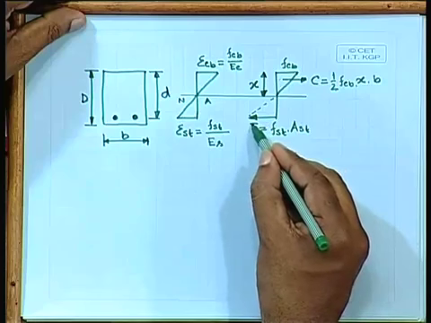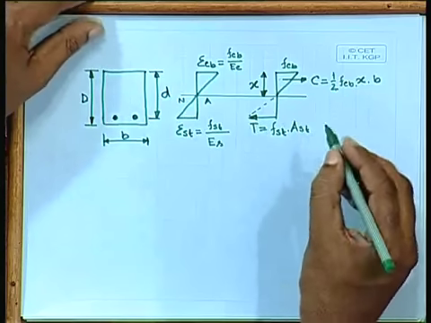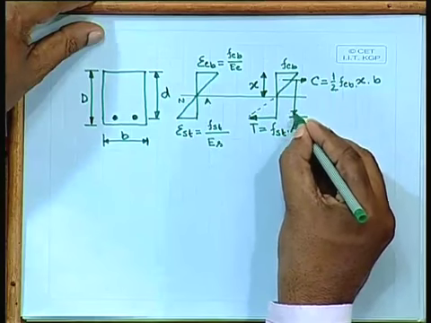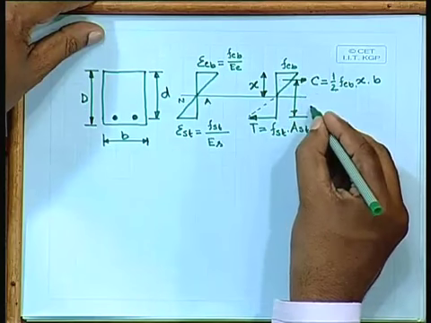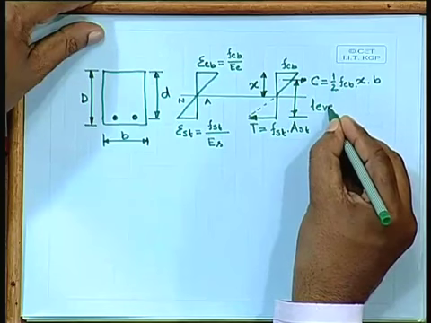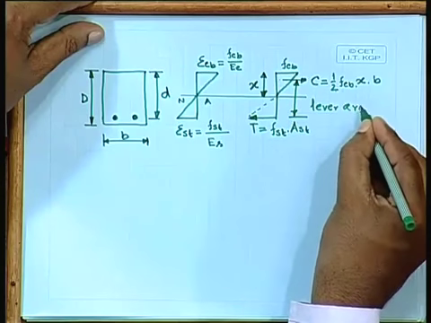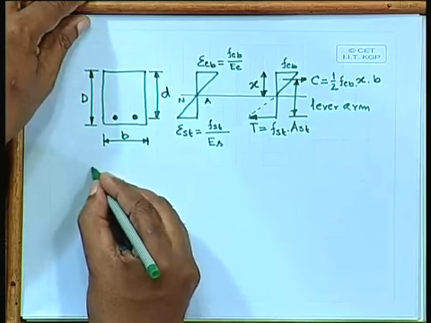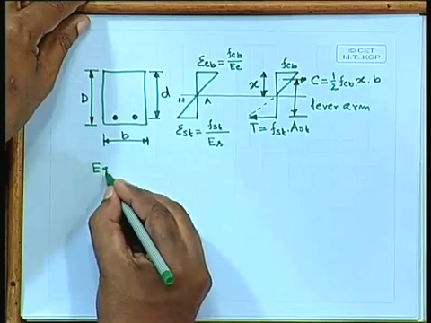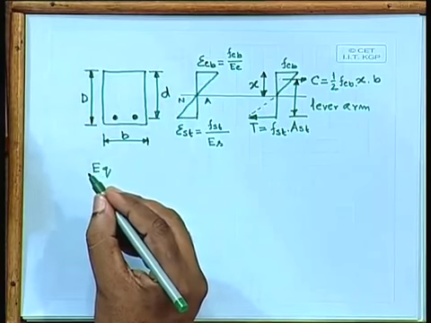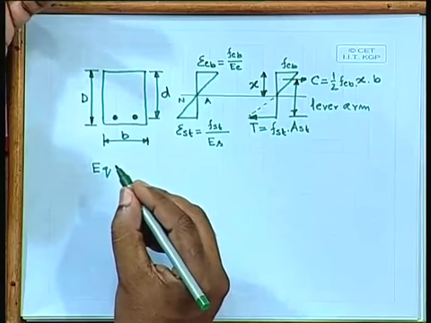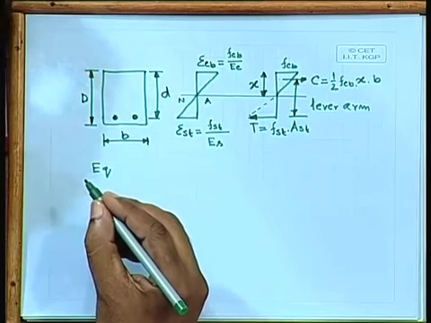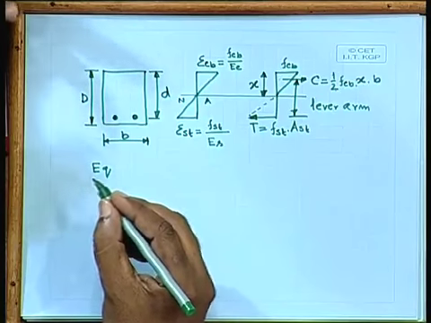and the tensile force, this one here, and this length, that is the lever arm. So, for equilibrium, we have two equations. One we can consider here, that equilibrium of forces, after all it is a static case. So, tensile force equal to compressive force, that should be there.